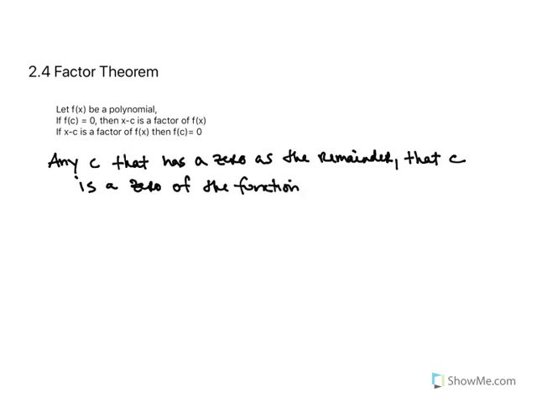So anytime you have a shelf, or some c, and you get a 0 as your remainder, that means that c is a 0 of the function.